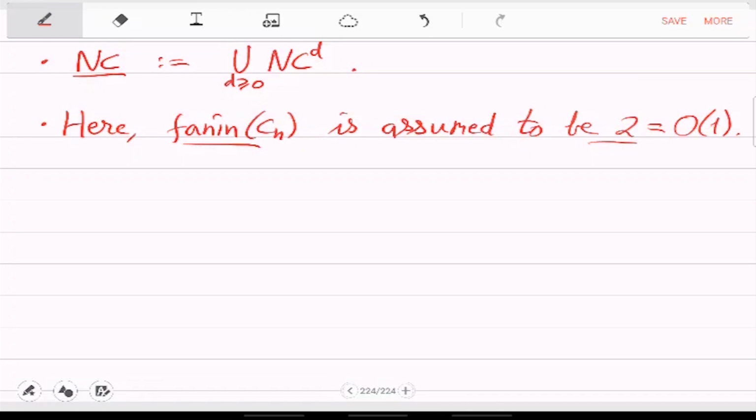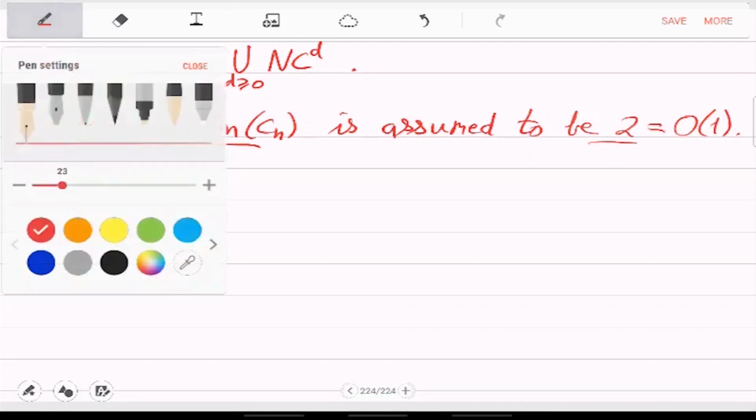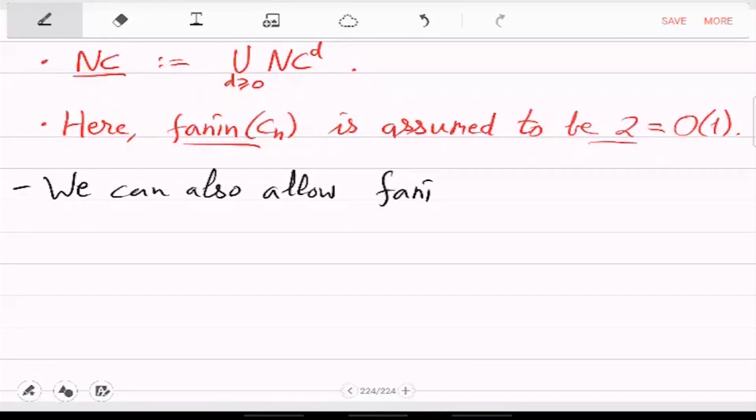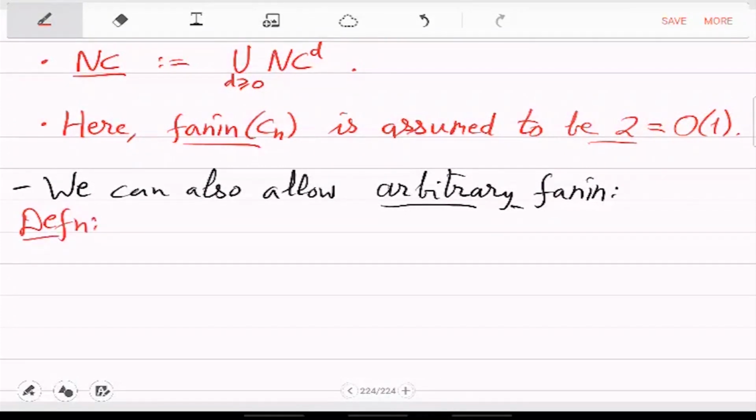So, in constant fan-in, the depth is (log n)^d. Fan-in is how many inputs are entering a gate, right? That we are fixing to be 2. We can also allow arbitrary fan-in. And in that case, it has a different name. Then it is called AC^d.